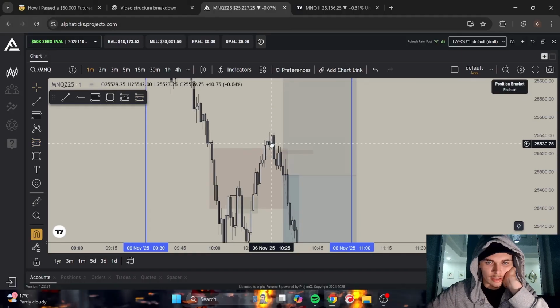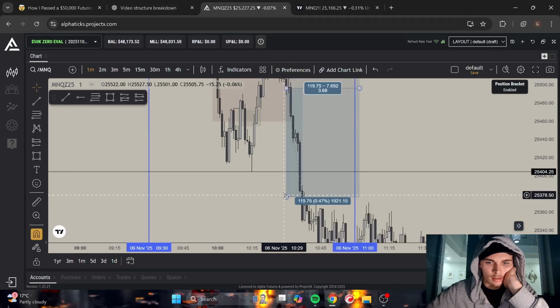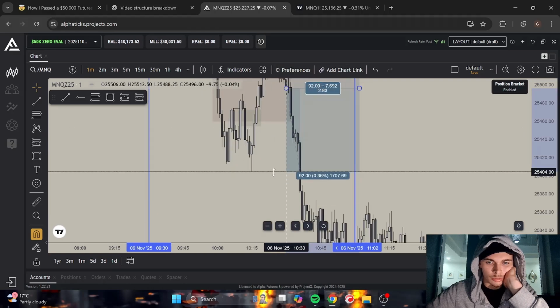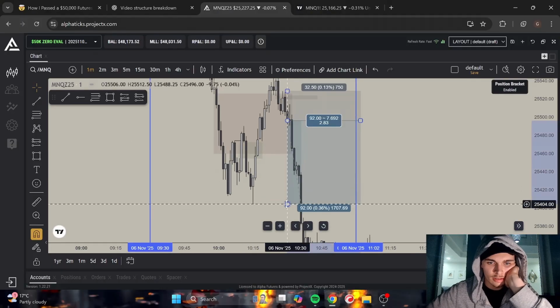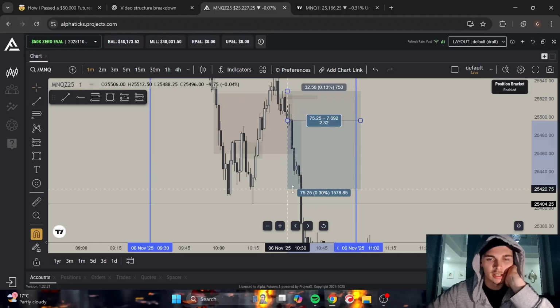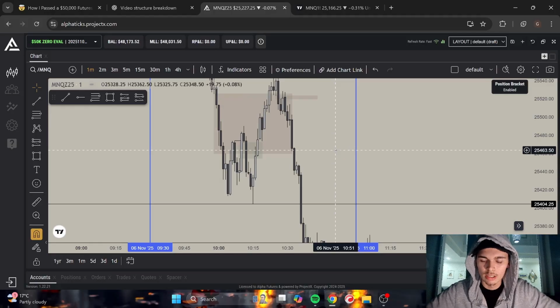Your entry would literally be here with stops there. That would have been huge. I would never hold a position out for that long, I don't think. And if I did, I'd be very aggressively trailing. But even just taking profits anywhere in this range, that would have been a really nice position. But obviously didn't need it at that point because the account was already passed.